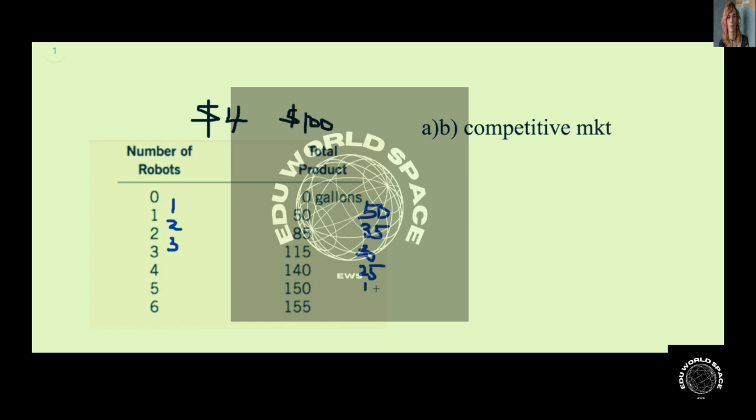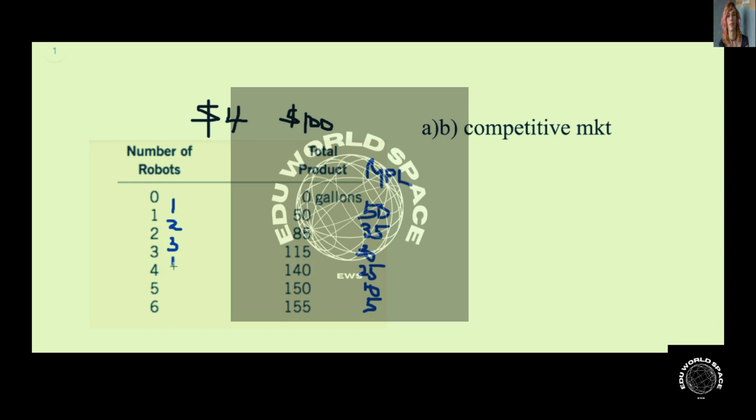And then 50 minus 40 is 10, and then 55 minus 50 is 5. Okay, so this column here is just the marginal product of robot, the marginal product of labor.